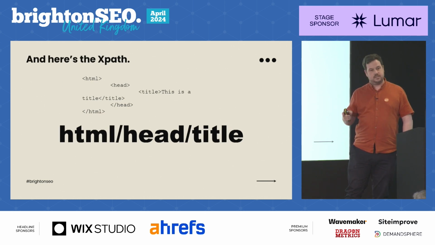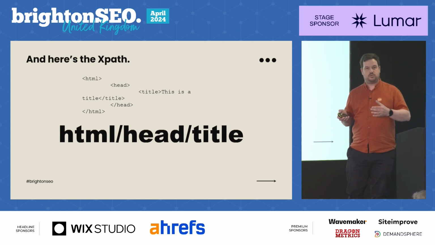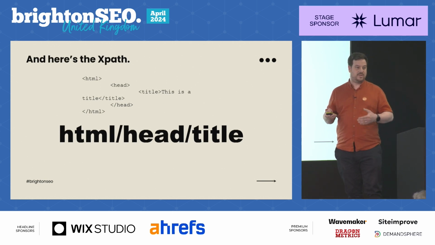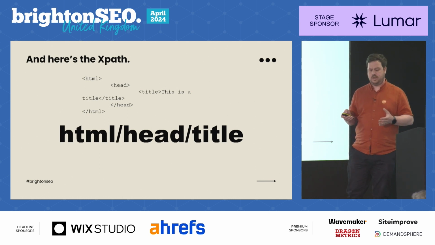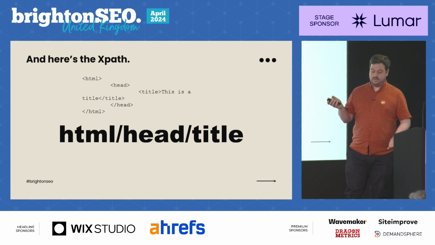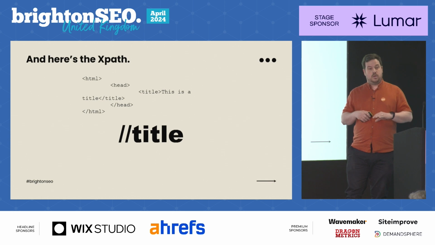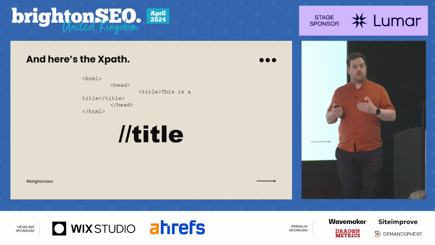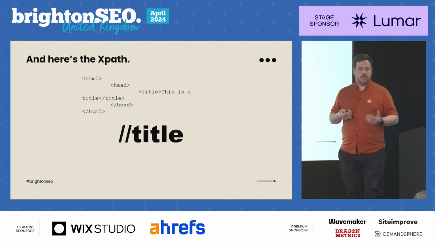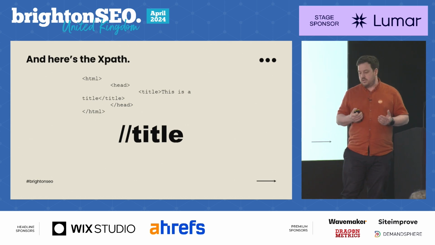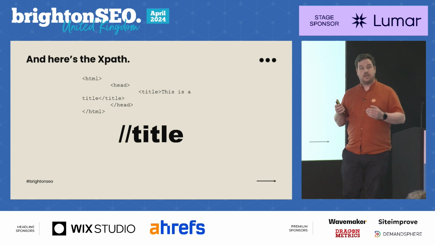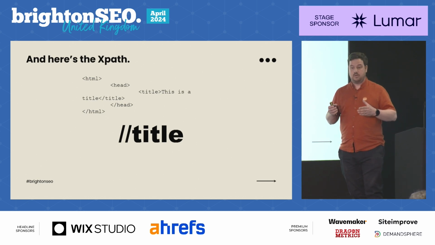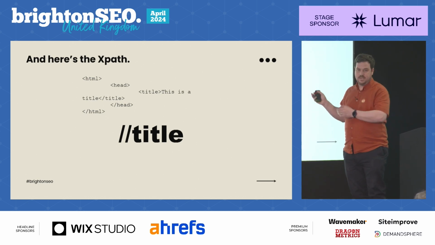If you put this into Screaming Frog, it will extract all of the title tags within your custom extraction report. But we can make it even easier. Rather than knowing the HTML structure of every tag you're trying to extract, you can just put a double slash in front of it and it will search the entire document for examples of this title tag, for example.